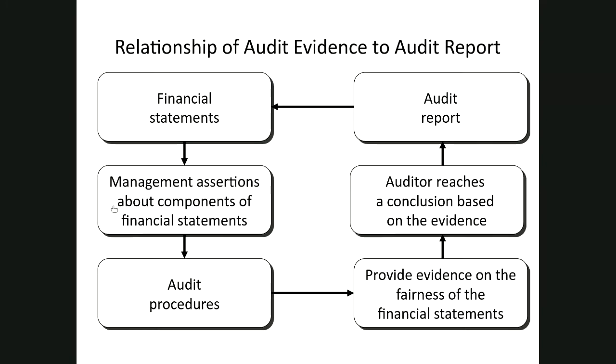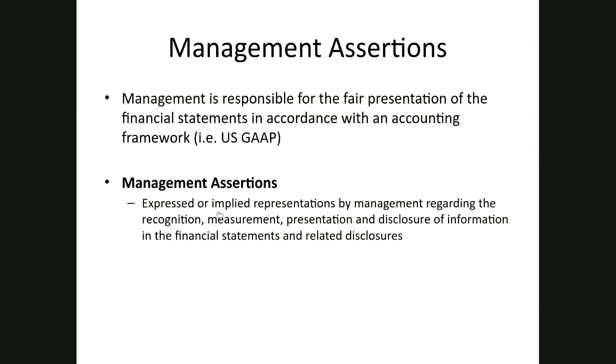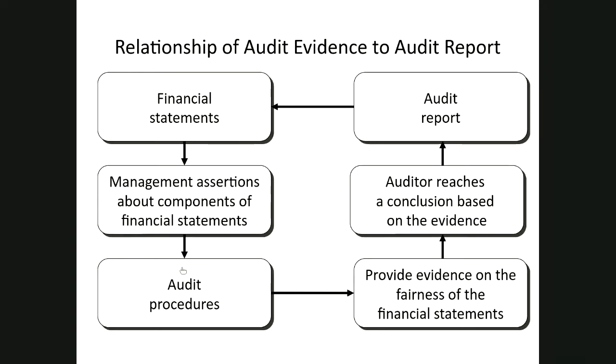Okay, and so if we look here, that is the official definition of assertions. There are these expressed or implied representations by management regarding recognition, measurement, presentation, and disclosure of information in the financial statements and related disclosures. So let's talk about what that really means with some examples, right?